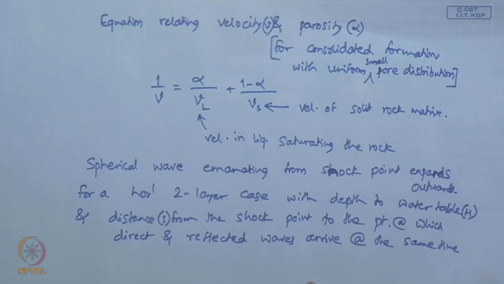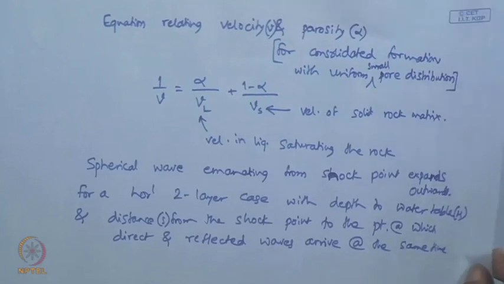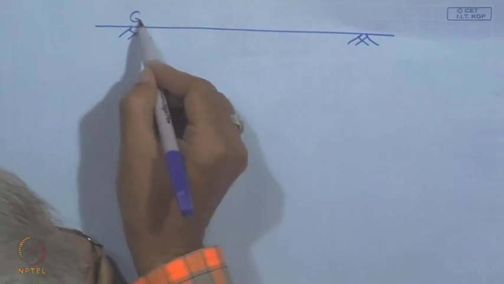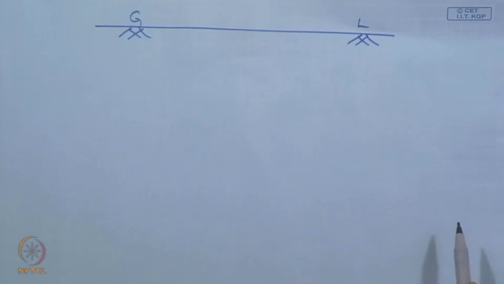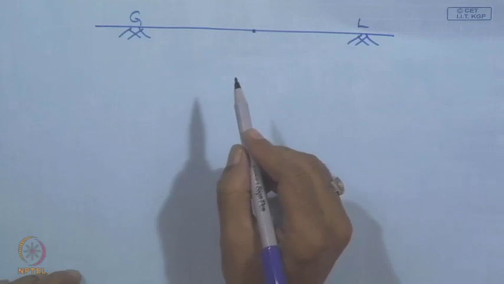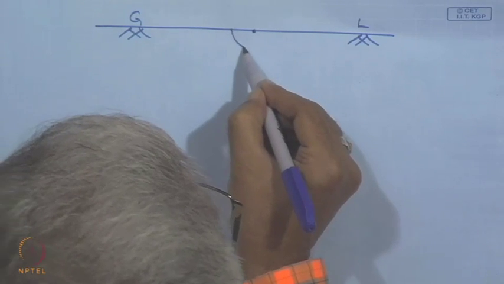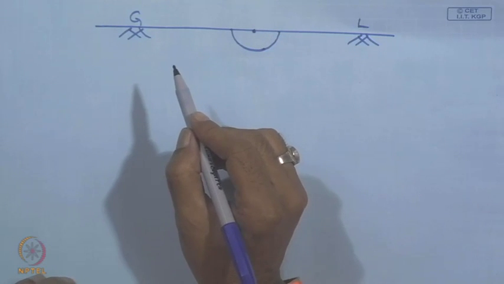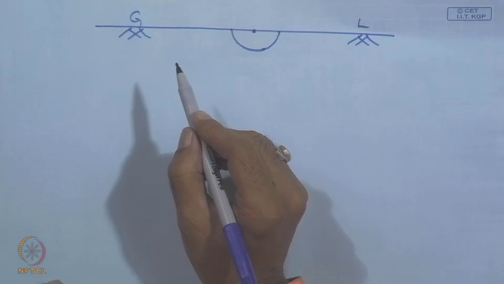So, in this case, first let us draw the figure, and so this is the ground surface, and here you have the shock point, and the waves expand outwards from the shock point.